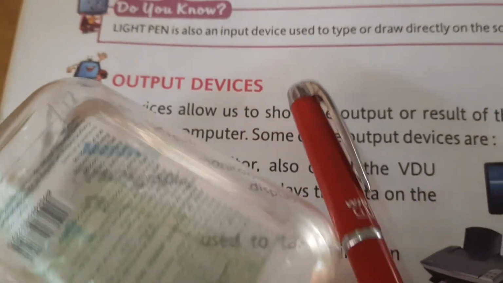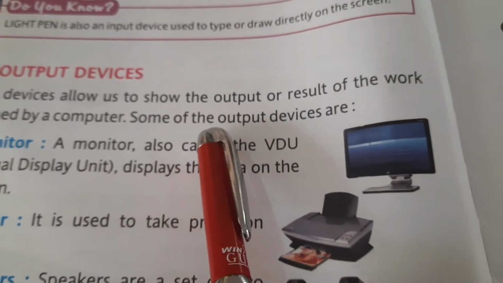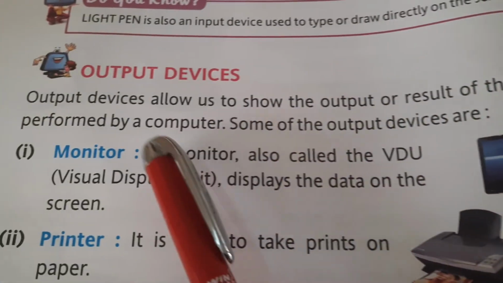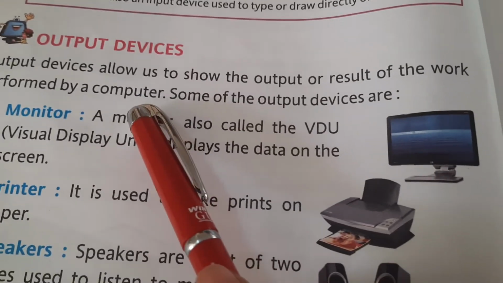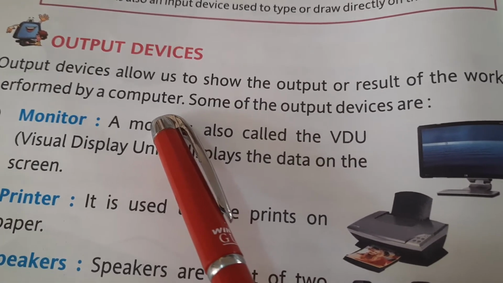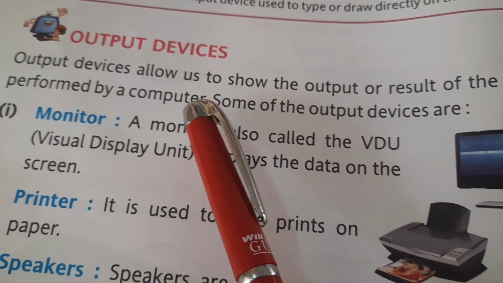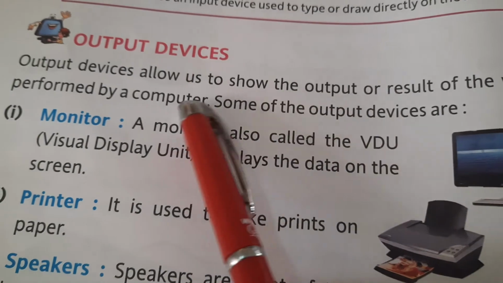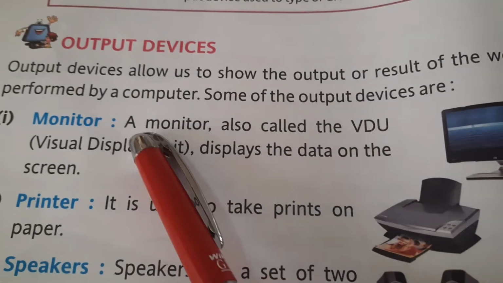Now, output devices. Output devices allow us to show the output or result of the work performed by a computer. Whatever processing is going on, and after that the result that we get, we can see on the output devices. Some of the output devices are monitor.